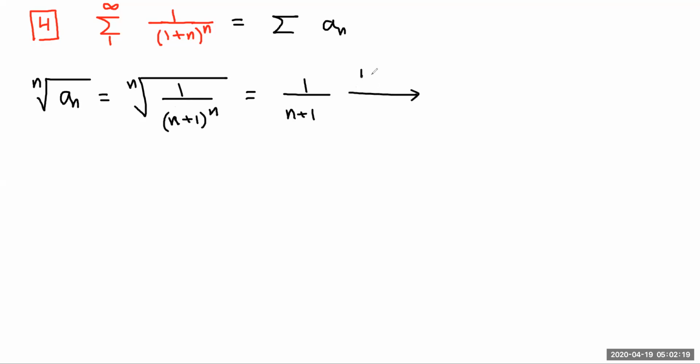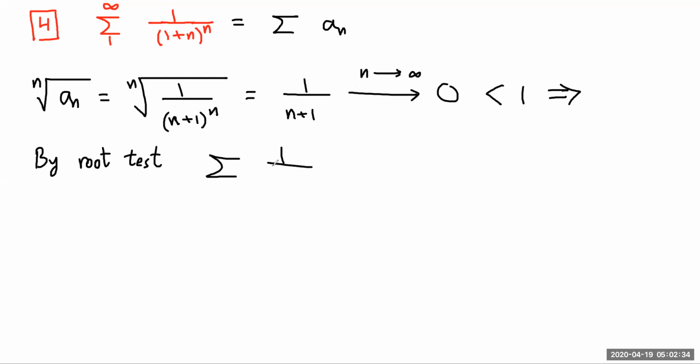What is the limit of this term when n goes to infinity? It's 0, and 0 is less than 1. Now by root test, my series, 1 over (1 plus n) power n from 1 to infinity, converges.